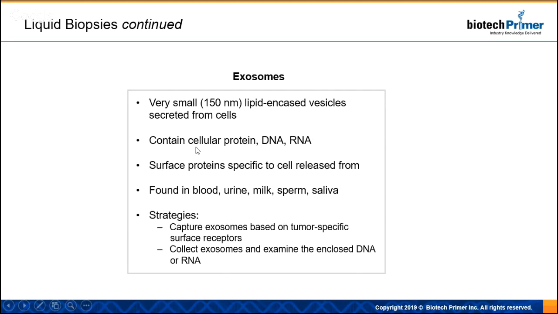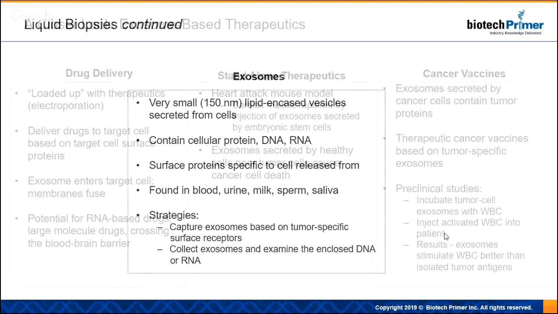We can identify tumor-specific exosomes based on the surface proteins present, and again, found in all different types of bodily fluids, and use those to monitor if there is cancer still remaining in the body based on the level of exosomes or the amount of exosomes collected.